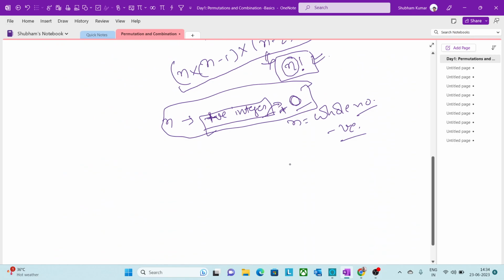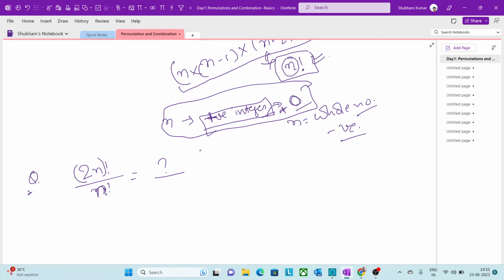So now let's do a question using this n factorial. Let's suppose you are given a question to solve (2n)! by n!, and what would be the value of it?